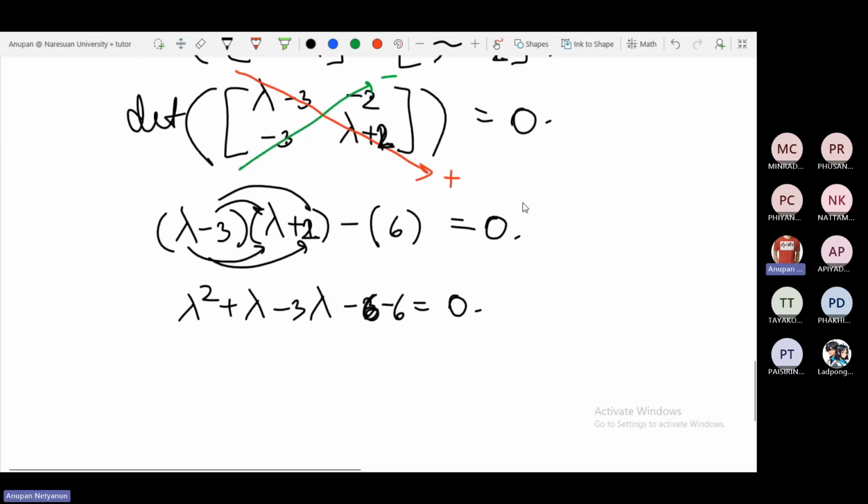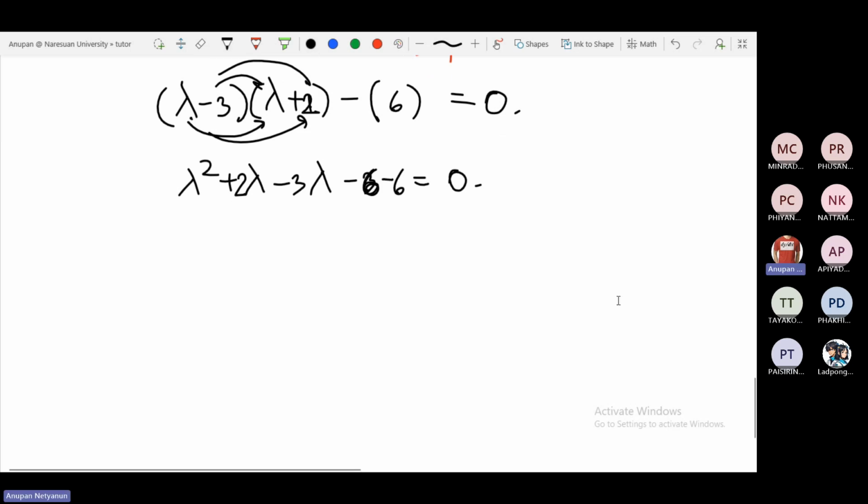Wait. Now what's going to happen next is this one too, you need to change this, which is lambda multiplied by 2, it's going to be 2 lambda. Sorry, I copied the problem wrong. That's why the result didn't match the sheet.